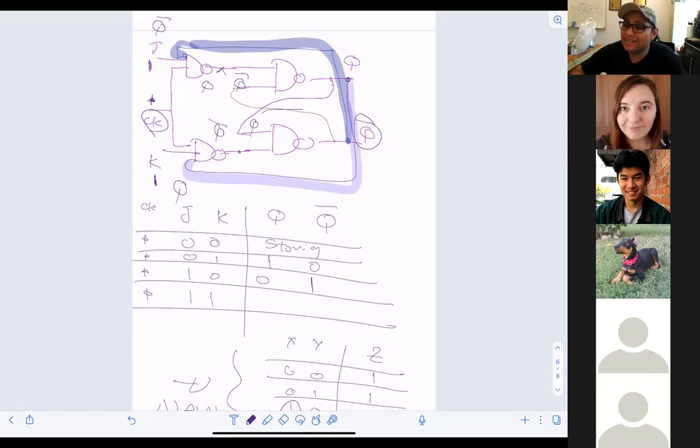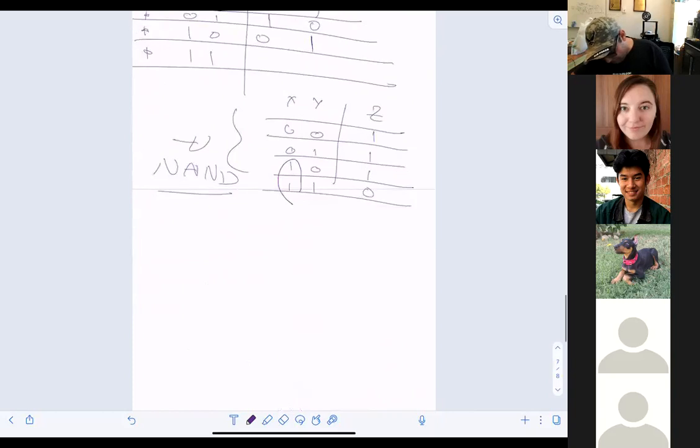Which is representing Q, in that case, will be complement here. And here it's going to be Q. And if you flip one more time while the clock is still high, that will be Q and that will be Q complement. And then that will return it back to be Q complement and then going to be Q. And then going to be Q complement. So what we are doing here is actually what?